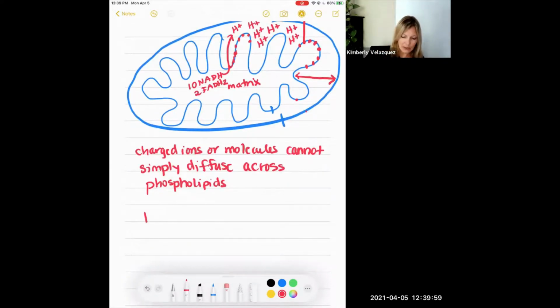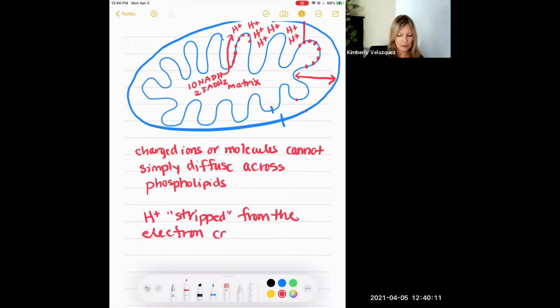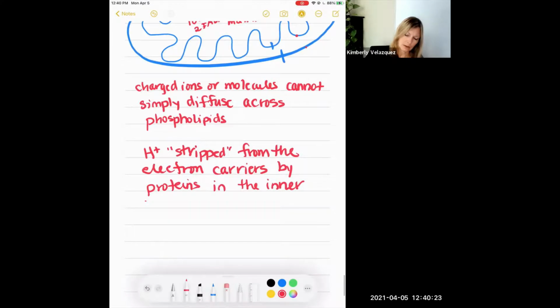Okay, so hydrogens are stripped from the electron carriers by proteins in the inner membrane of the mitochondrion.